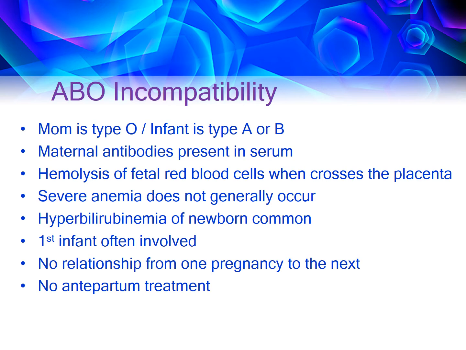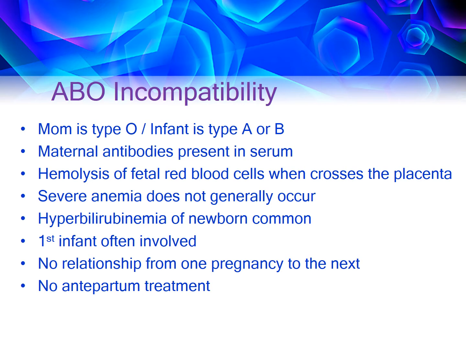Okay, so progressing on from your Rh factor and incompatibility there, we now have ABO incompatibility. This means that mom is type O and the baby is type A or B. We may still see maternal antibodies present in a serum blood level.